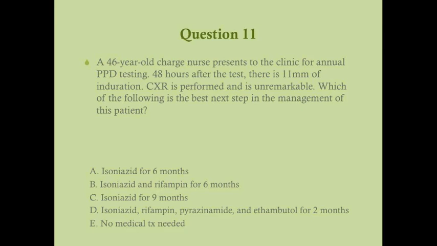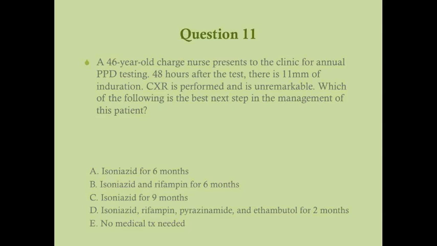Which of the following is the best next step in the management of this patient? A, isoniazid for 6 months. B, isoniazid and rifampin for 6 months. C, isoniazid for 9 months. D, isoniazid, rifampin, pyrazinamide, and ethambutol for 2 months. Or E, no medical treatment needed. I'll give you some time here. Pause it if you want.